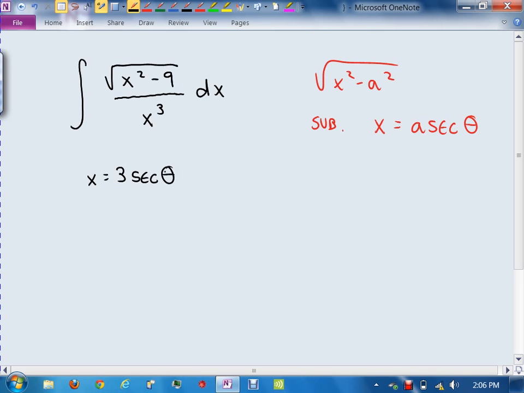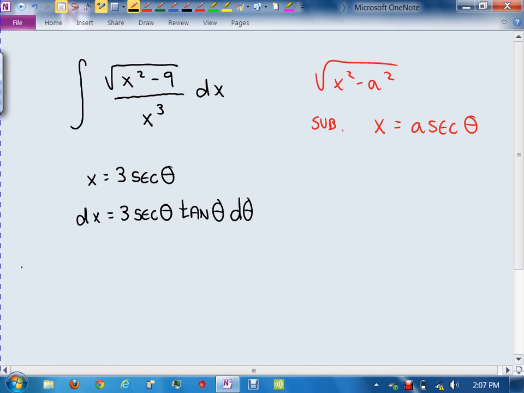Is everyone at least getting that part of it? Just transforming, understanding, seeing the substitution. Okay, dx is 3 secant theta tangent theta d theta, right?